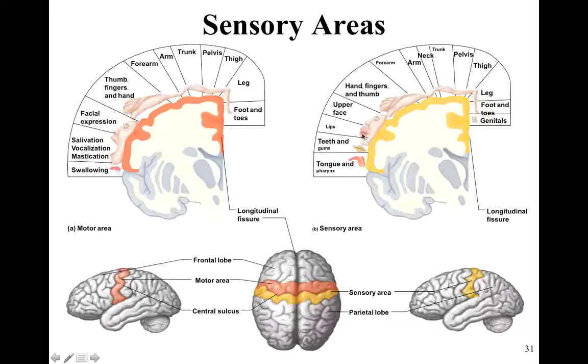So when you feel food in the back of your mouth and on your tongue, we also can chew that food. Where you feel your hands and fingers and thumbs is also right next to, adjacent to, where you can move those. Okay, and then pelvis, thigh, legs, so where you feel your feet and your toes here is also where you can move them.